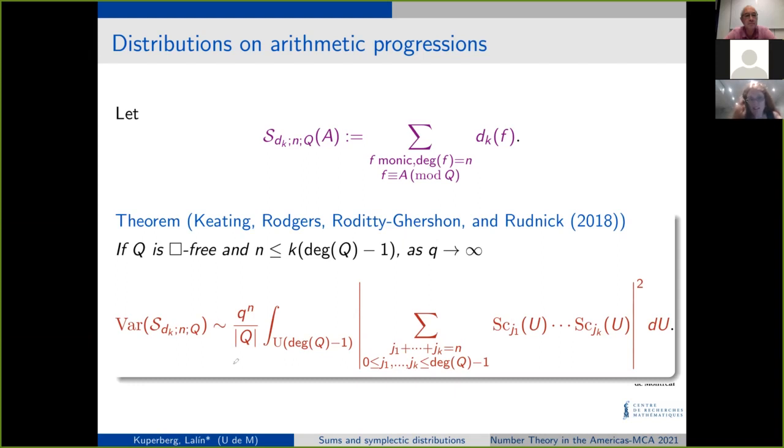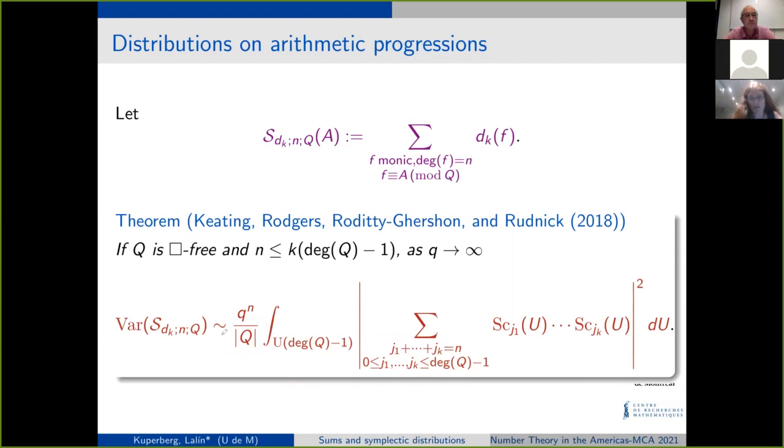The integral itself is very similar, with some adjustments in the indexes. Again, here n is the degree of f, and there is also the degree of q coming into play.